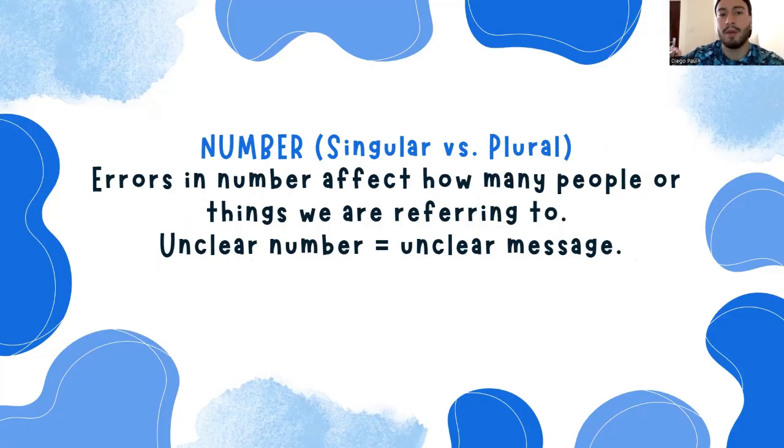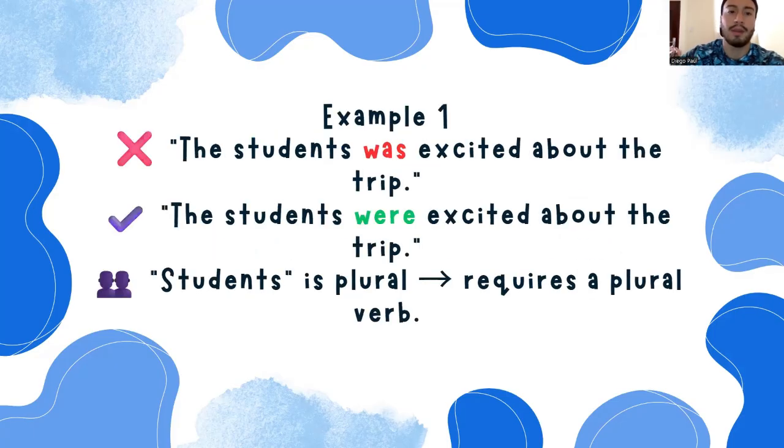And when the number agreement fails, the listeners may misunderstand whether we are talking about one person or several. To begin with, this is a very common mistake. Students is plural, but the verb was is singular.